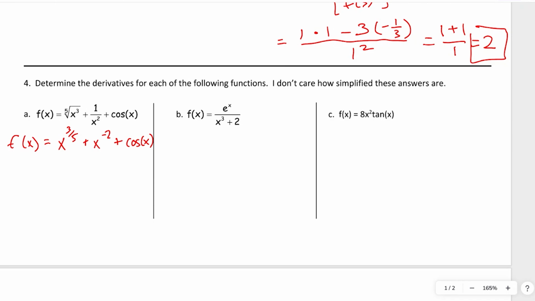I'm doing that so that I can more clearly see what's going to happen with the power rule. So now let's go ahead and use that power rule on these first two terms. 3/5 x to the power of negative 2/5 minus, we're going to have to bring down that negative 2. So minus 2 times x to the negative third. And then the derivative of cosine is the opposite of sine.